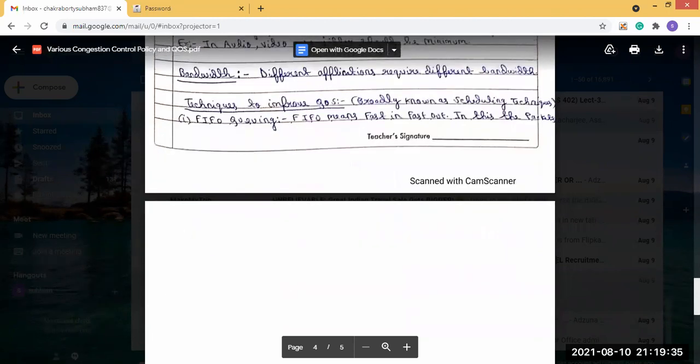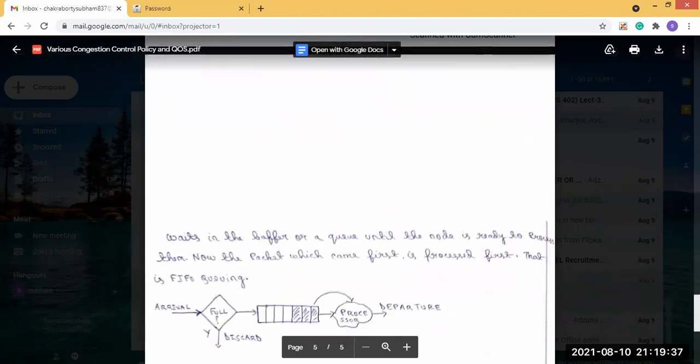In this, the packets wait in a buffer. The packets coming into the network wait in a buffer or a queue until the node is ready to process them.